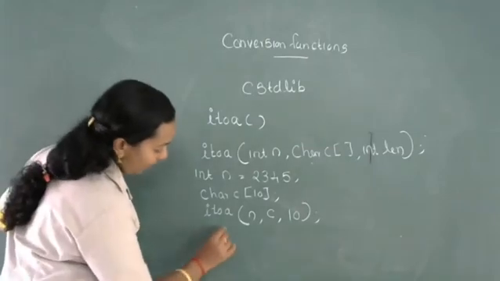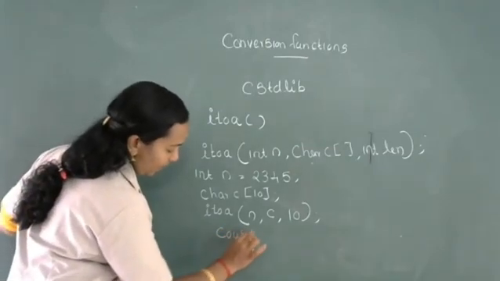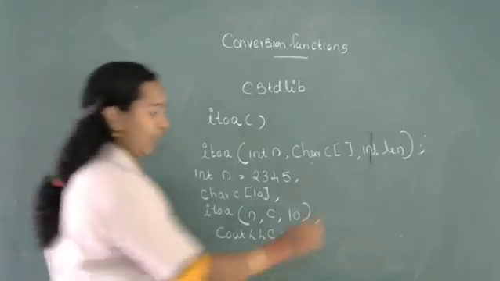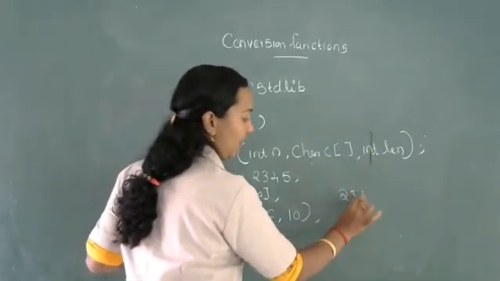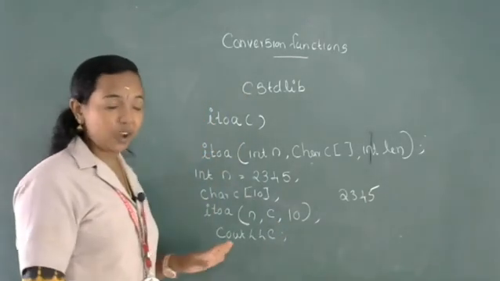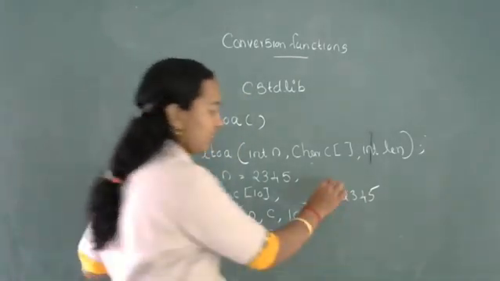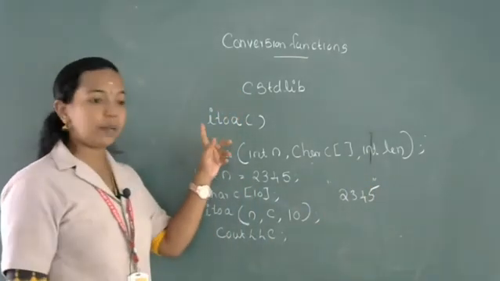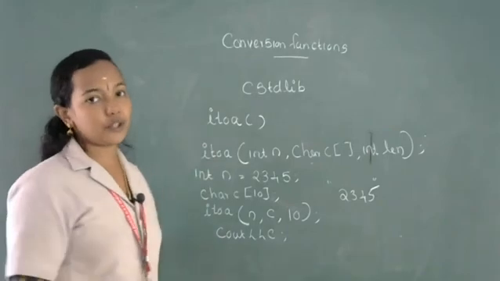After that we can print cout c. Then what will be the result? We will get 2345, but it will not be an integer constant. It will be treated as a string constant because we converted from integer to alphabet.